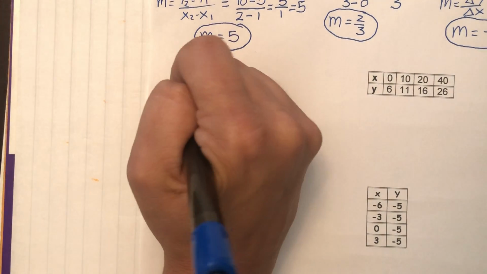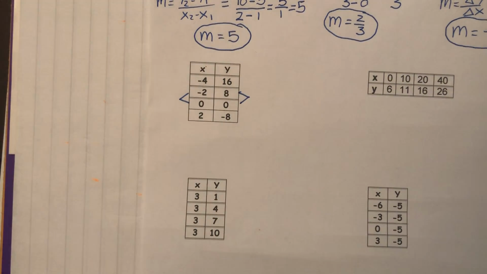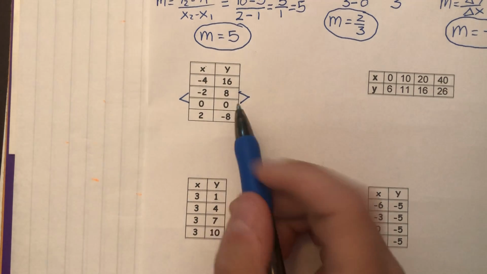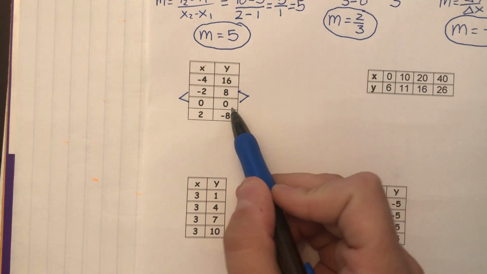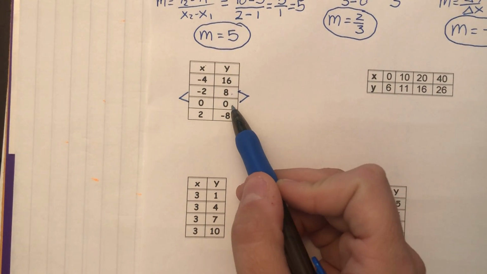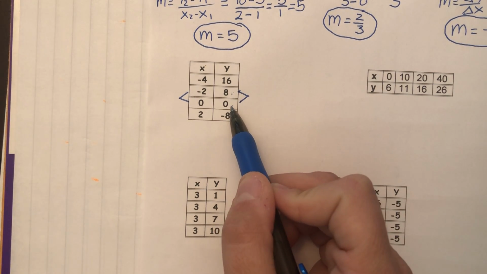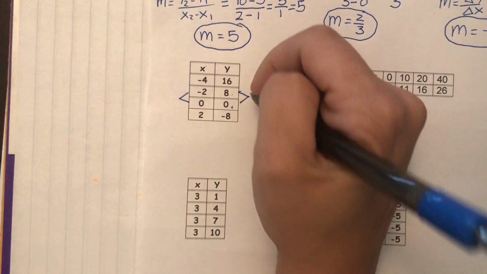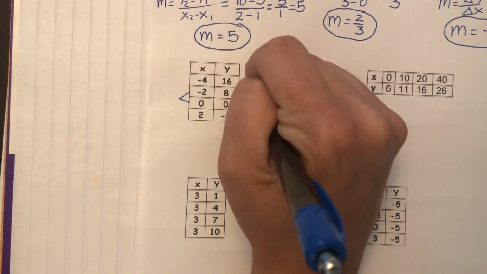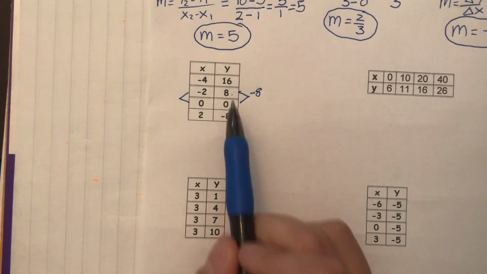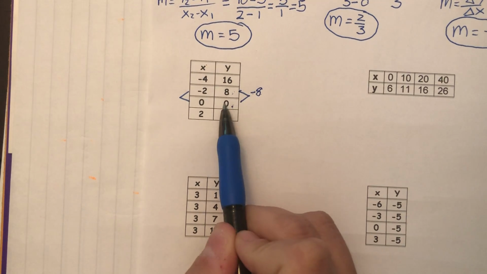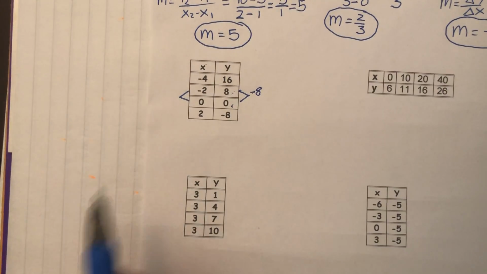I just need to make sure I do the same when I'm finding the change in my x values. Change in y values from 8 to 0. I'm at 8 and then I'm going to 0. What happened? Well, we subtracted 8. And again, I can check that. 8 minus 8 is 0. So I know I did it right.